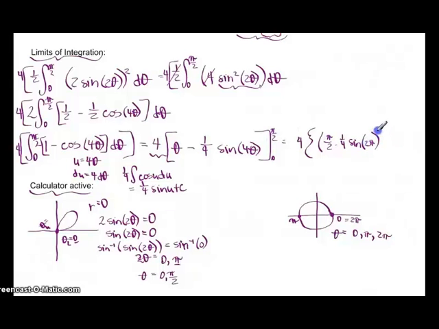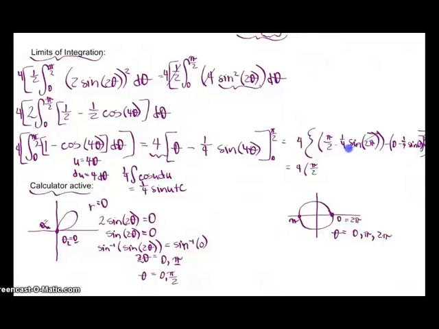So there's my upper limit minus my lower limit, which is 0, minus 1/4. The sine of 4 times 0 is 0.